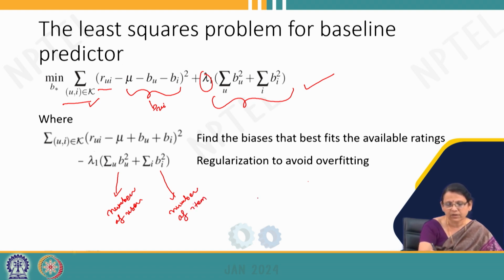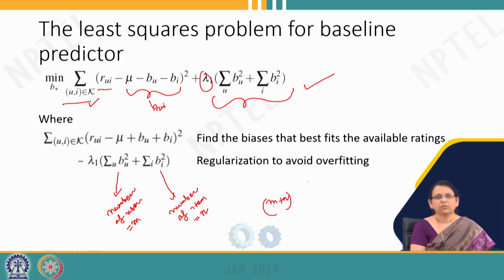So, if the number of users is m and the number of items is n, then in total you have m plus n variables whose values you would like to determine. What will be the typical approach?